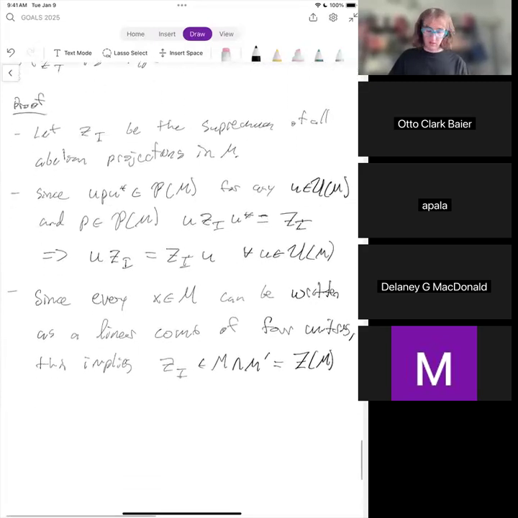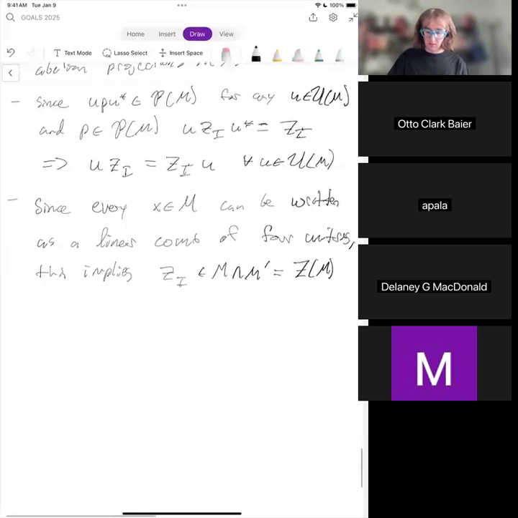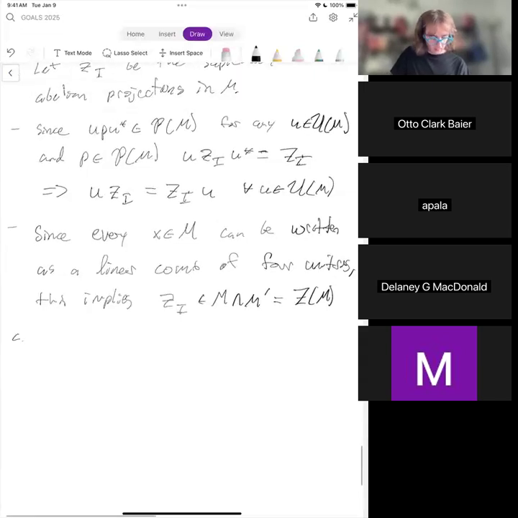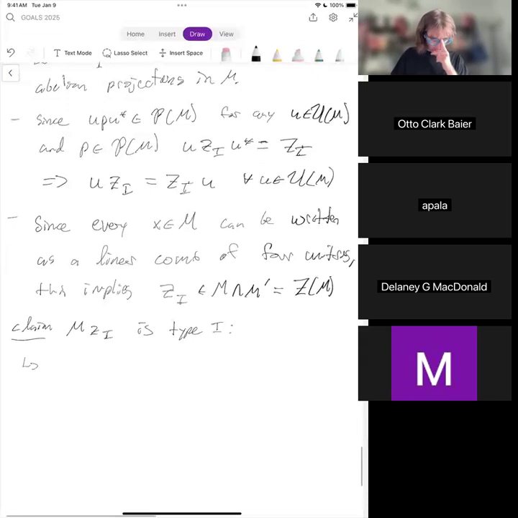Okay. And so now the claim is that the compression M Z1 is type 1. Let's prove that. Suppose P is sitting under Z1 and is non-zero.